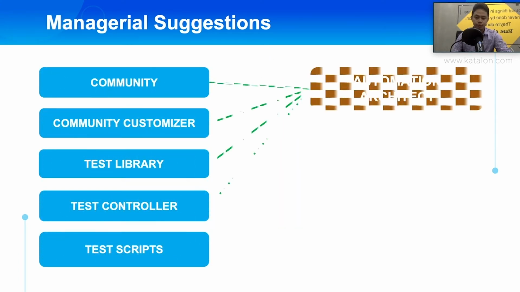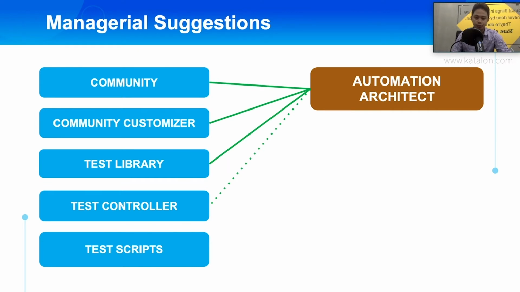When you deploy or build the automation testing framework, the automation architect should be the person who picks the components, who works on the component customization, and also the utilities you have for your automation project. So this is the core part of the automation.